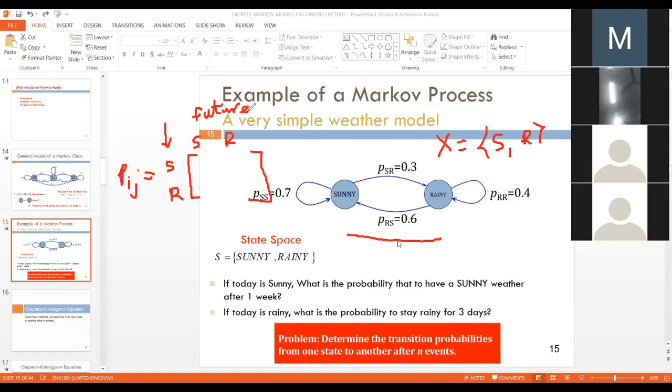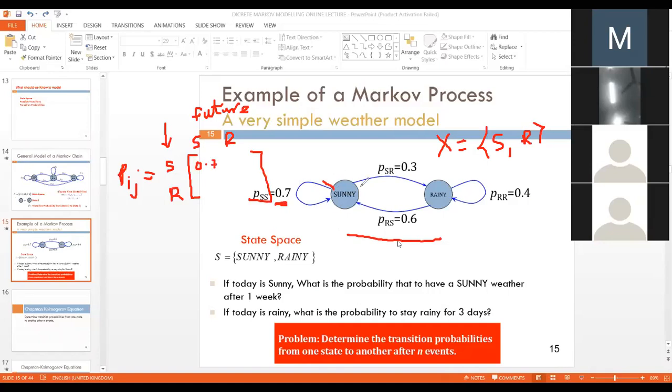So we call this the one-step transition probability matrix, meaning today and then the next step. In representing this in matrix form, this will be S to S. Now we are in sunny. Sunny back to sunny state will be what? The probability is 0.7. So you represent that here, 0.7.